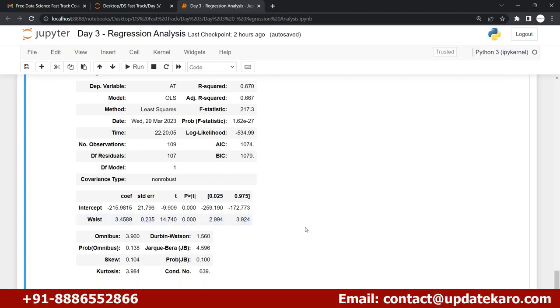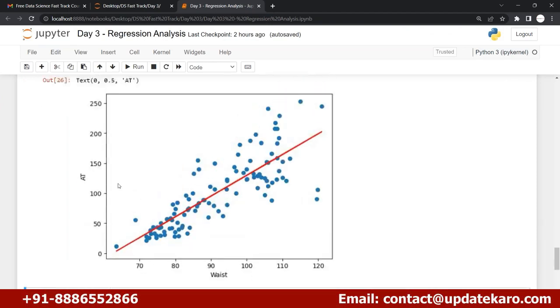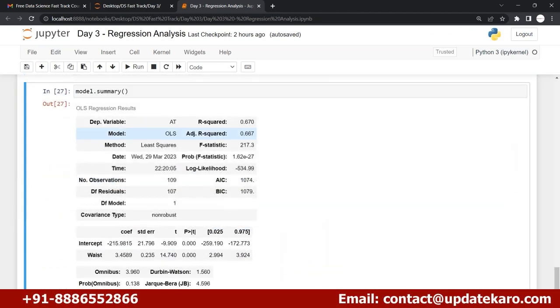So I can say this model is good, but again R square value is not that good. So you can make further changes in your model and build the model again, because there are just two columns over here. That's why we get the R square like this.